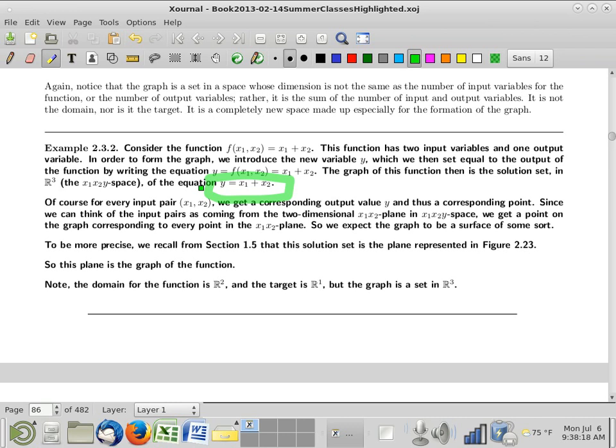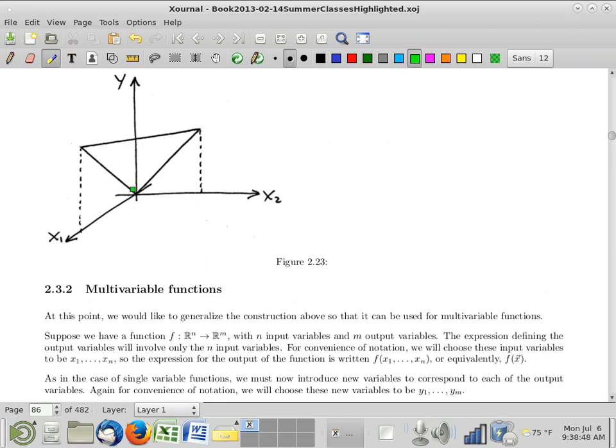There's the two input variables that came along with the function, and then the output value got set equal to a third variable. Grand total, then we have three variables. So this is an equation involving three variables, and so we expect this to be a surface of some sort. And then moving the terms around and thinking about the various experiences we've had in the past, we notice that this happens to be the equation of a plane. And did I draw a picture? Yeah, here it is. So here's a picture of the plane that is the graph of this function.